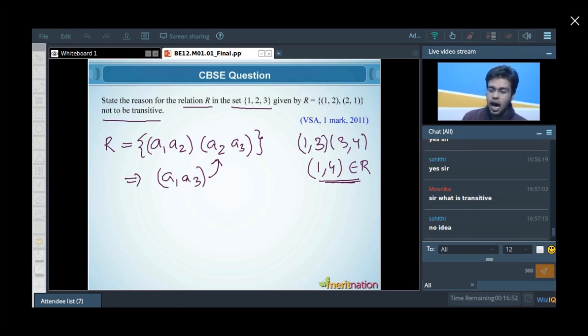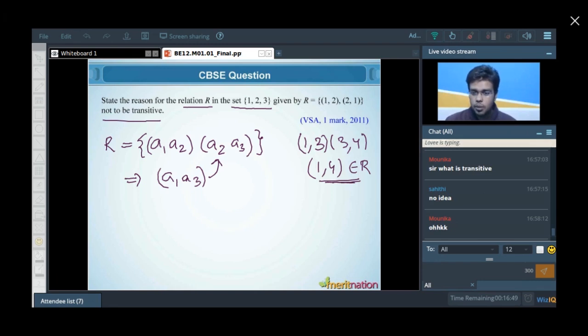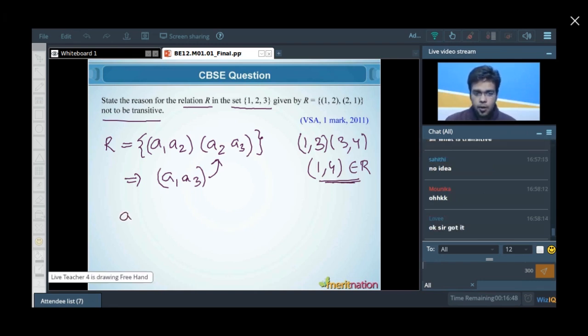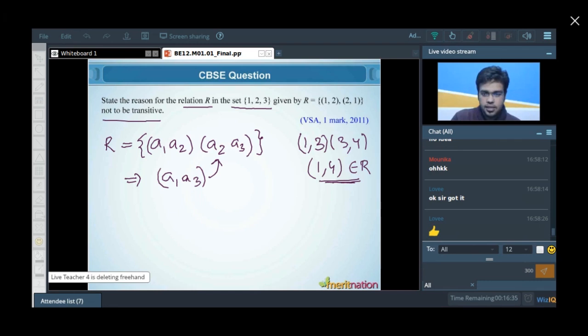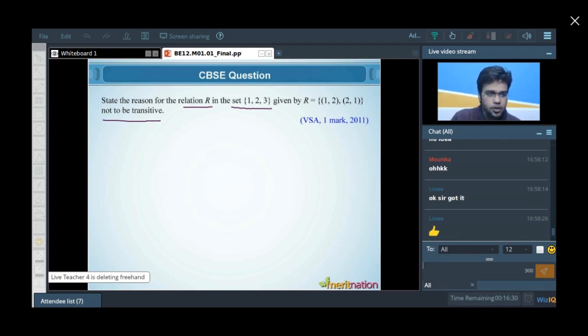A relation R is transitive when (A, B) and (B, C) belong to R, then (A, C) should also belong to R. Then I say that a relation is transitive.